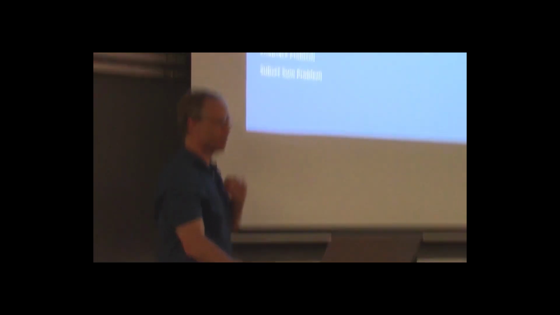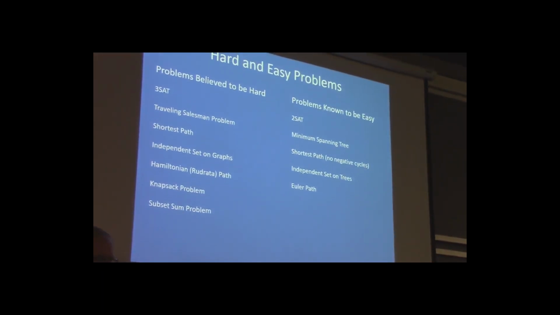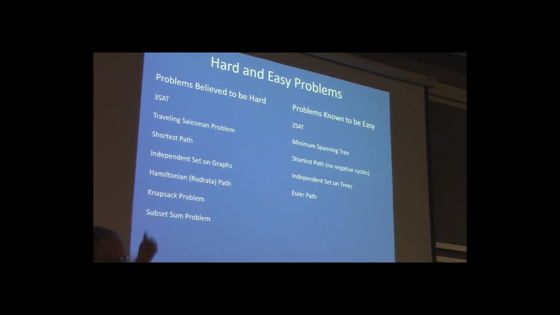Imagine if your knapsack could hold 1 billion elements. 1 billion is just a 30-bit number, but you've got to fill out a 2 to the 30 table. So even the dynamic programming version requires exponential time. Subset sum problem, which I showed you, exponential time, or is believed to require exponential time.